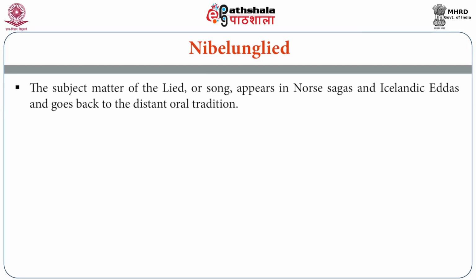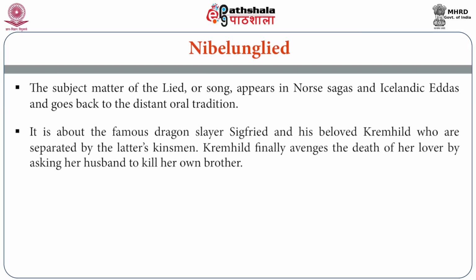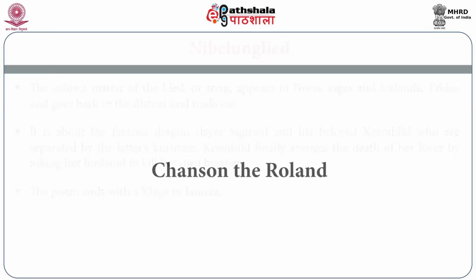It goes back to the distant oral tradition. It is about the famous dragon and the slayer Siegfried and his beloved Kriemhild, who are separated by the latter's kinsman. And it talks about revenge. And the poem ends with a Klage or lament.